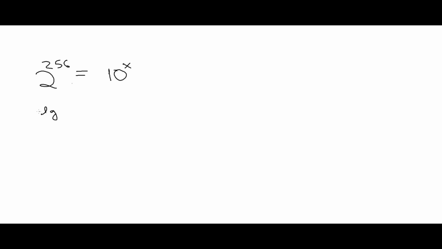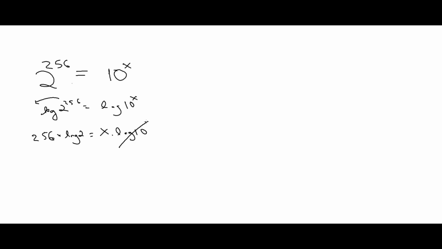The log of 2 to the power of 256 equals the log of 10 to the x. Moving the exponents out, it's 256 multiplied by the log of 2 equals x multiplied by the log of 10.